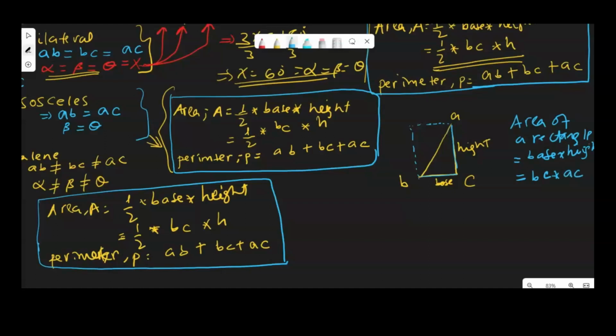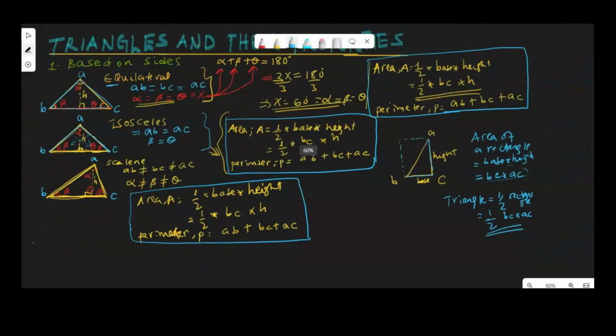That means the triangle is half of the rectangle. So that's why the area of a rectangle is halved and then becomes the area of a triangle. So that's half times BC times AC. This half is coming from the idea of half of the rectangle area.